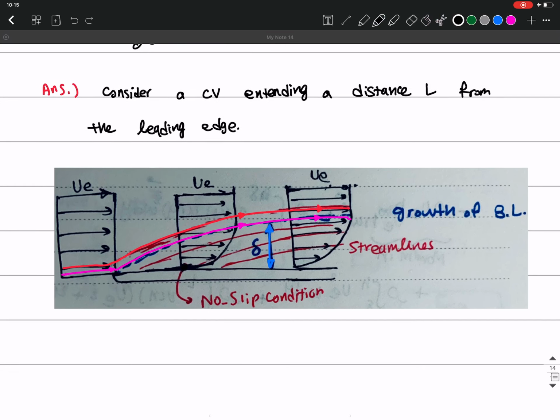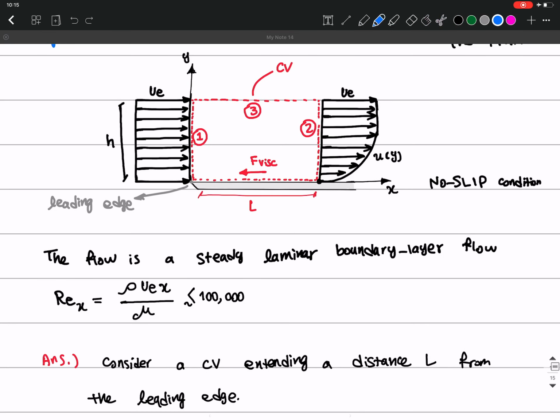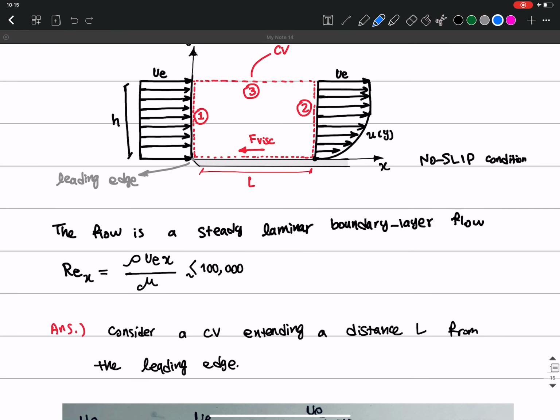Here I'm going to show this delta based on the definition we had. Here the velocity is still UE, and then it starts decreasing from this point.